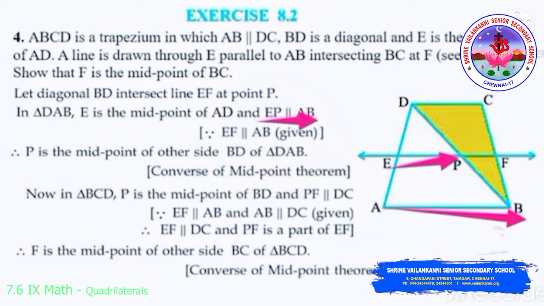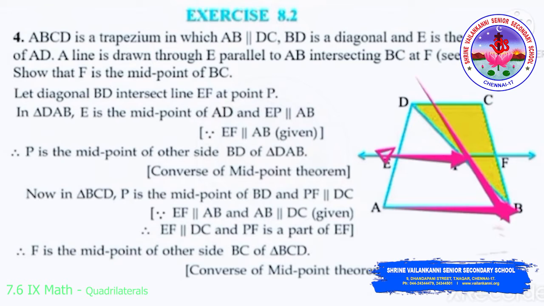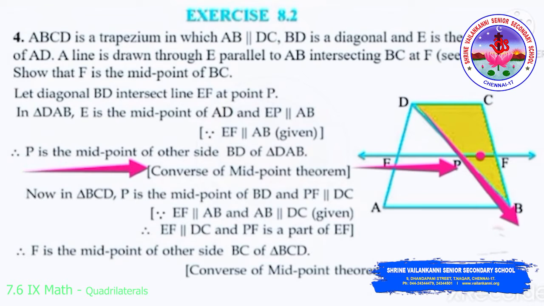By the converse of the midpoint theorem, which states that a line segment drawn through the midpoint of one side of a triangle parallel to the base touches the other side at its midpoint, we get that P is the midpoint of the other side BD of triangle DAB.